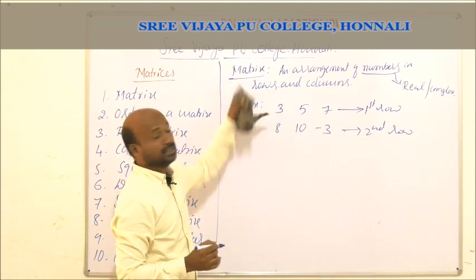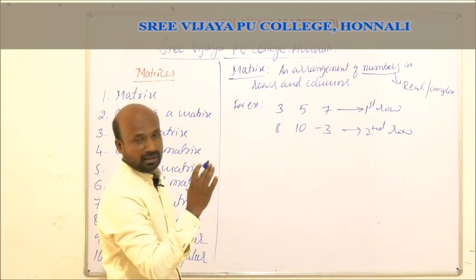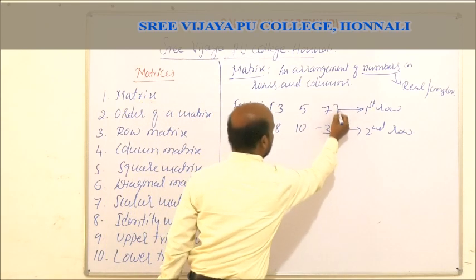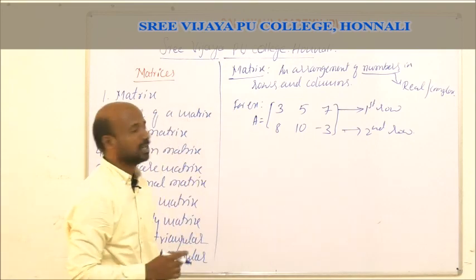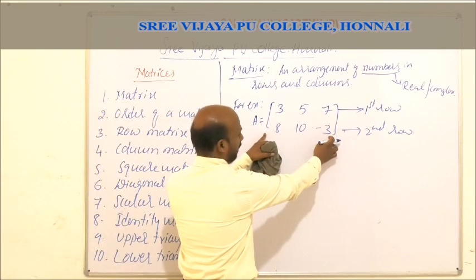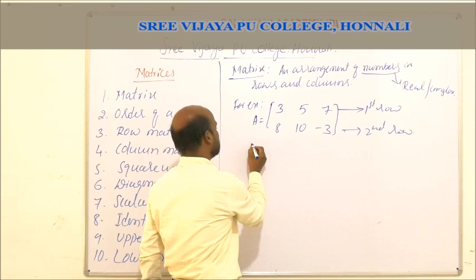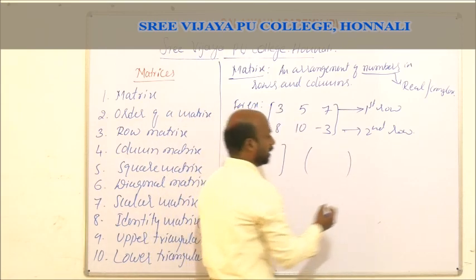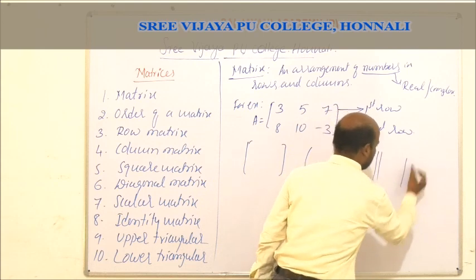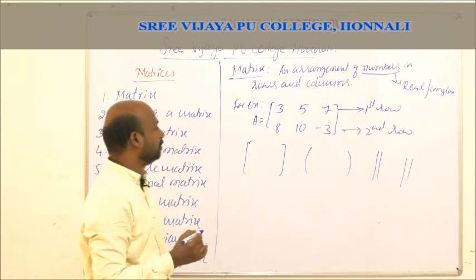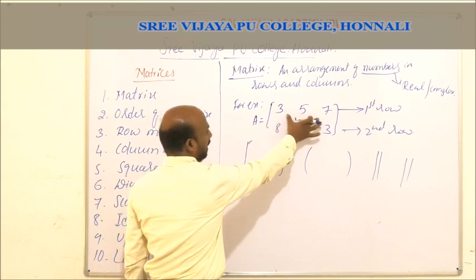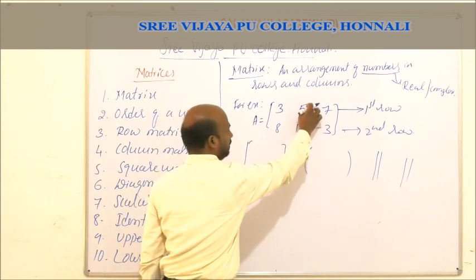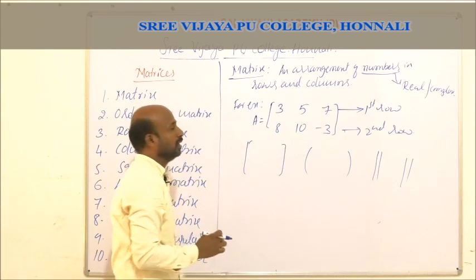Generally matrices are represented by capital letters, like A, and the arrangement of numbers in rows and columns is enclosed within brackets. We can use a square bracket or a round bracket. This matrix has two rows and three columns.